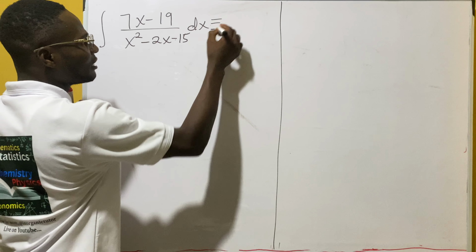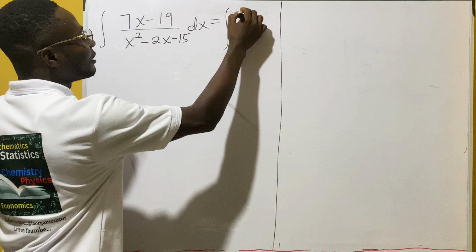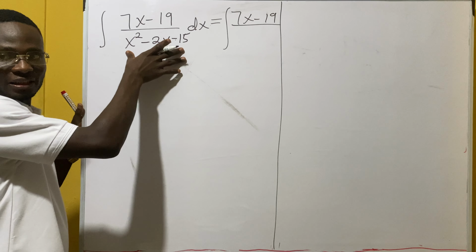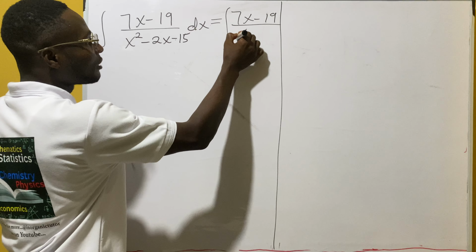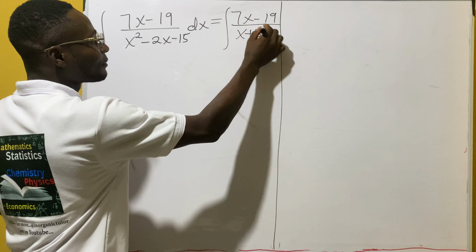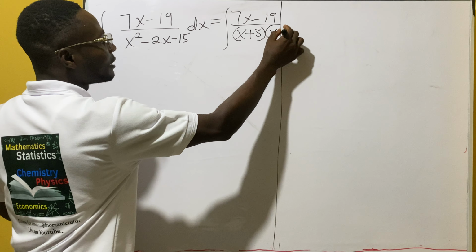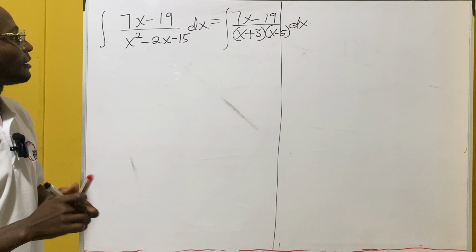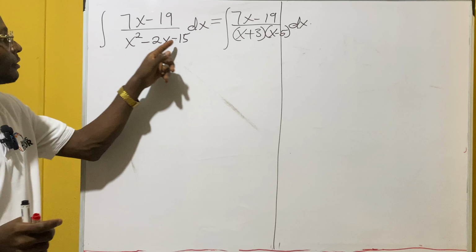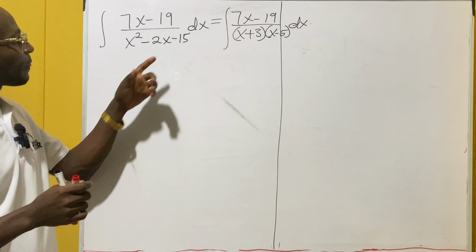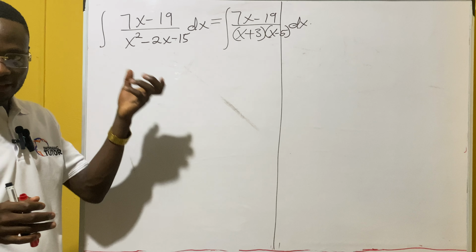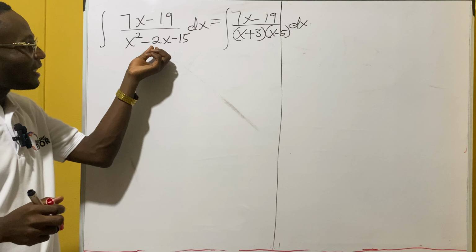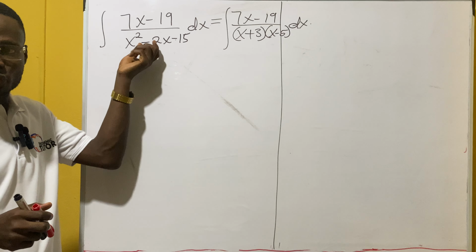So this is the same as 7x minus 19 over this. We can factorize this. So when we do that, we're going to have x plus 3 and then x minus 5 dx. Minus 1 times negative 15 is minus 15, and then you look for the factors of minus 15 that can replace the minus 2.